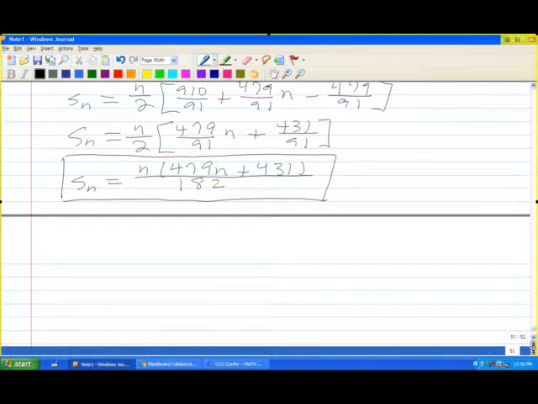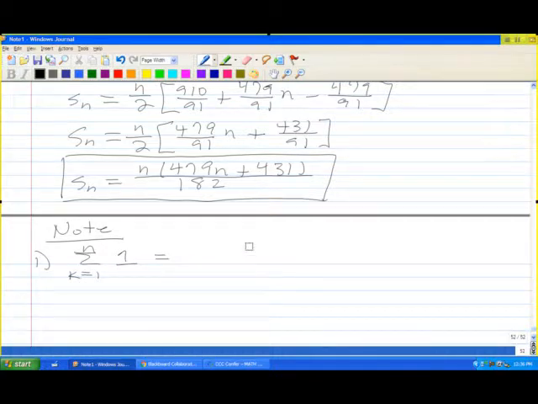So we have the following facts for series. First is the sum, let's say k equal 1 to n of 1 is equal to n.